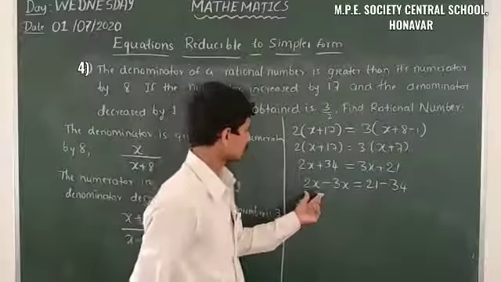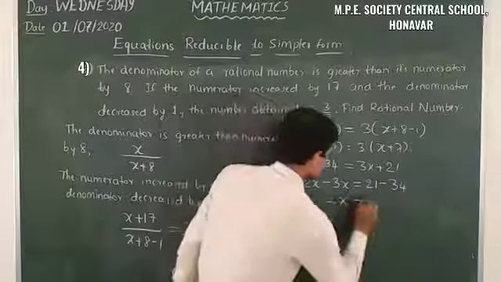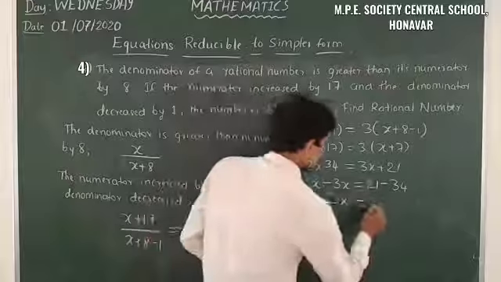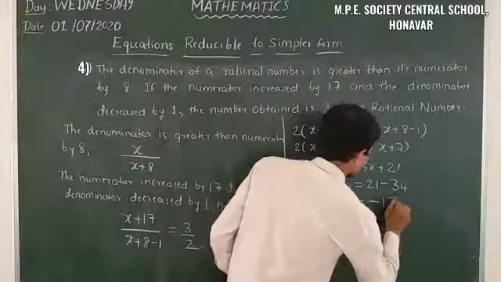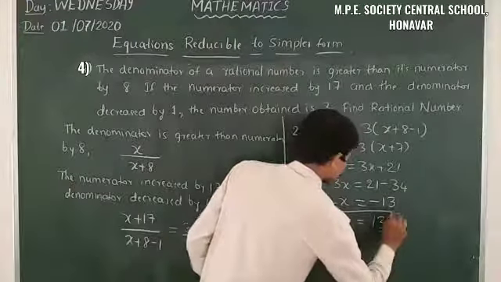Then 2x minus 3x means minus x is equal to 21 minus 34, which means minus 13. That means x is equal to 13.